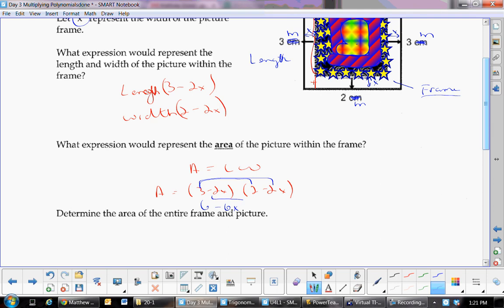Okay, and then negative 2x times 2. Negative 4x. And then negative 2x times negative 2x. So, in order of degree, it would be positive 4x squared, yep, minus 10x plus 6. That's the area of the picture.